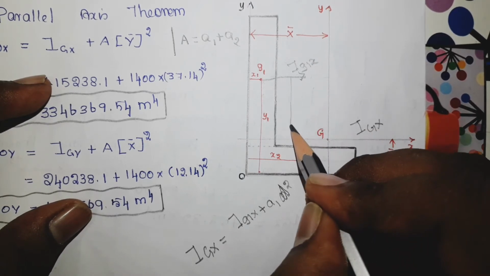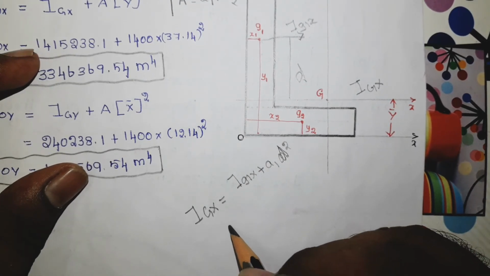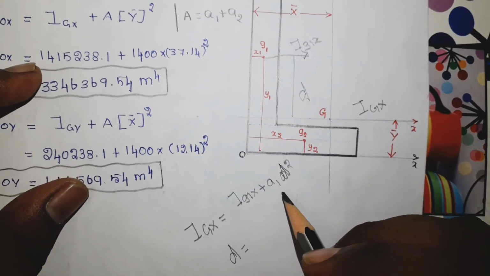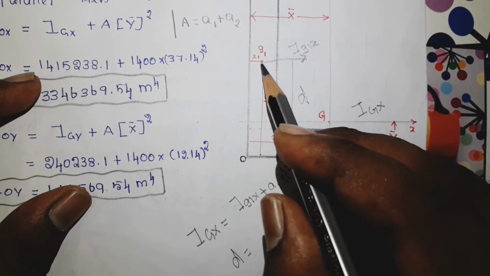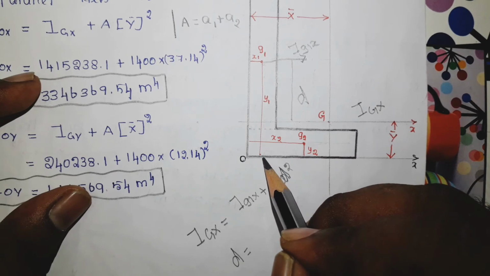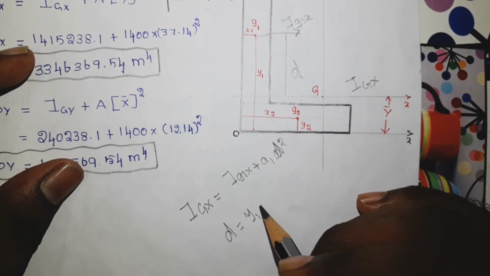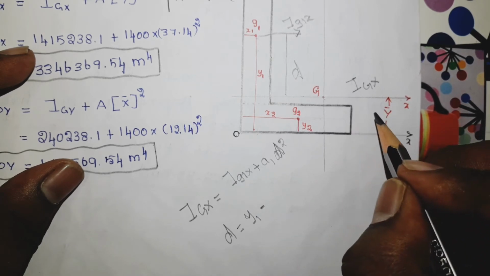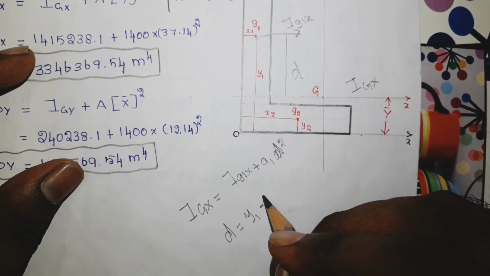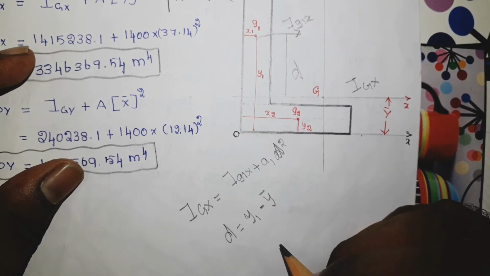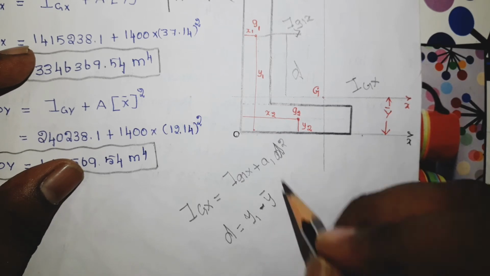Now d can be taken as y1, the distance between g1 and the x axis, minus y bar, the distance between this centroidal axis and this base axis. The difference between these two gives the answer for d.